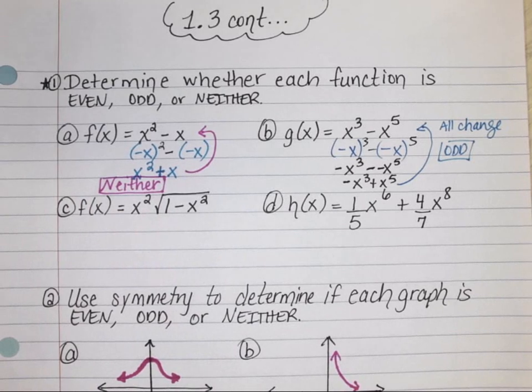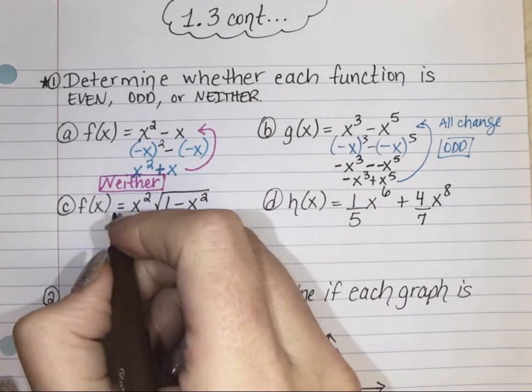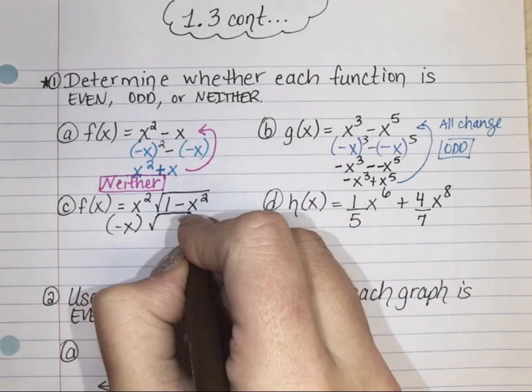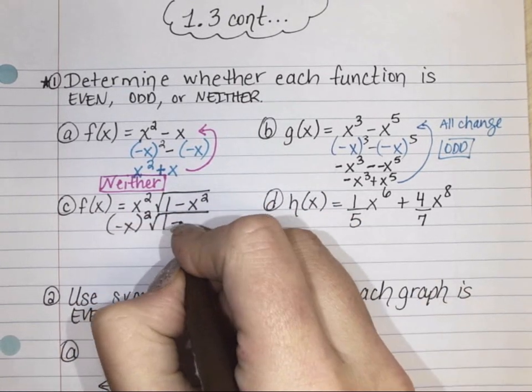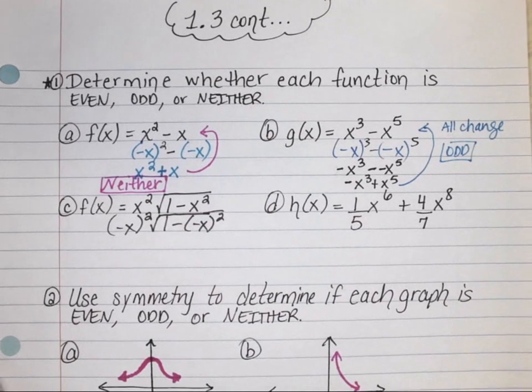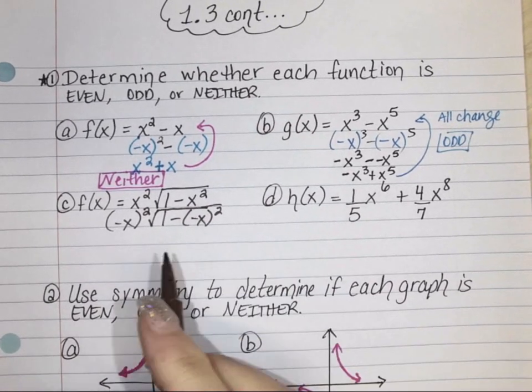All right, part C. We're going to plug in negative x once again, same thing. So negative x squared, 1 minus negative x squared. You have to be really careful on this one. This one gets people every year.